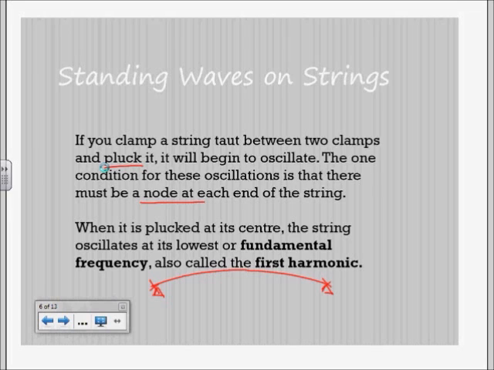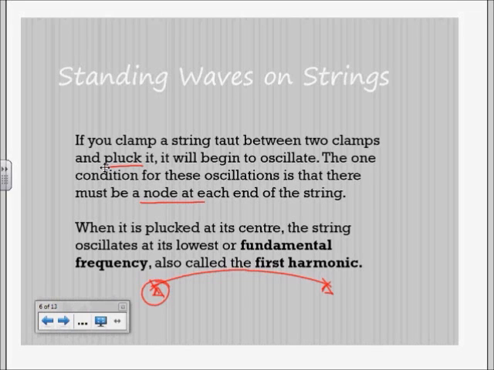If anyone plays a guitar, when you move your fingers up the fret, you're effectively moving the position of that fixed point and changing the length of the string. Changing the length of the string changes the wavelength of the standing wave that's produced, and correspondingly changes the frequency or the pitch of the sound being produced.